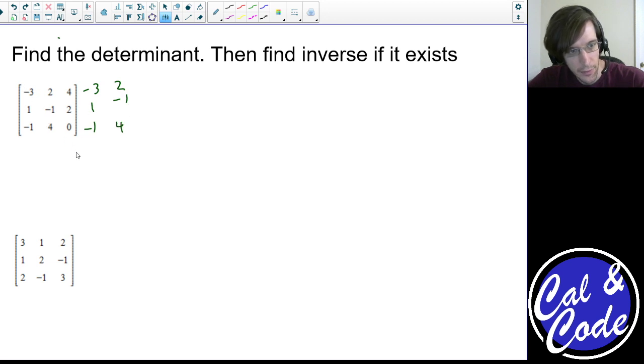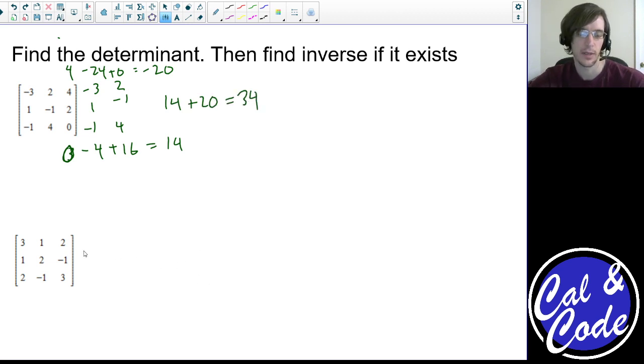Multiply down, I get 0, excuse me. Multiply down, I get -4. Multiply down, I get +16. Multiply up, I get +4. Multiply up, I get -24. Multiply up, I get 0. I end up with 14 and -20. So my determinant is 14 minus -20, which is 34.